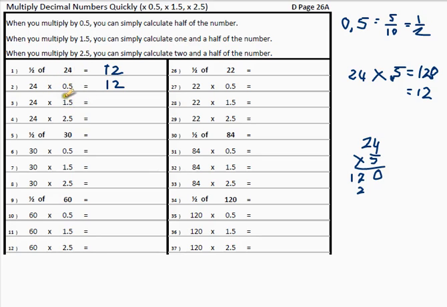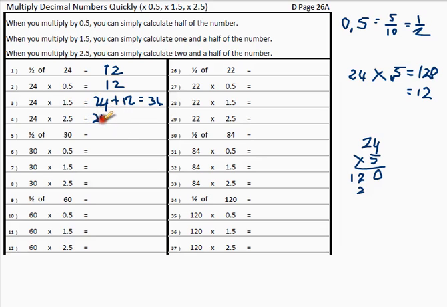Now what will you do if you times by 1.5? It will be 1.5 times the number. Once 24 is 24 and a half of 24 is 12. So 24 plus 12, 36. What would be 24 times 2.5, do you think?